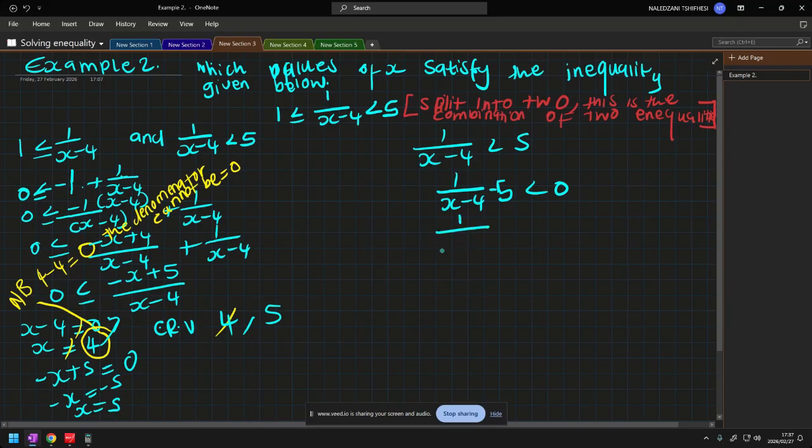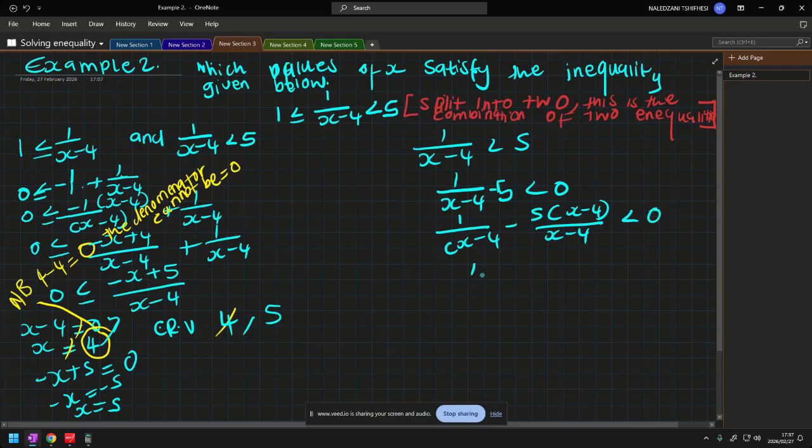Do what we did to the other side: 1 minus 5 multiplied by x minus 4, over x minus 4, is less than 0.